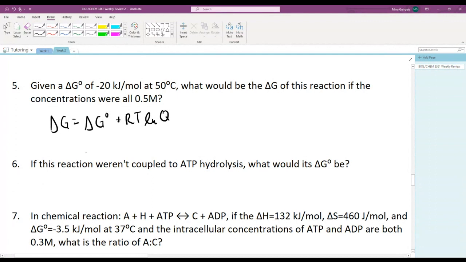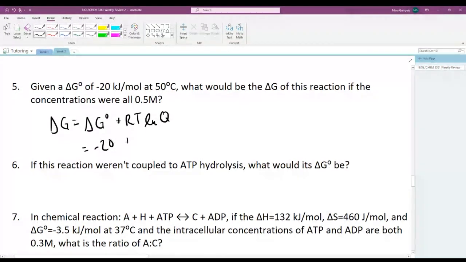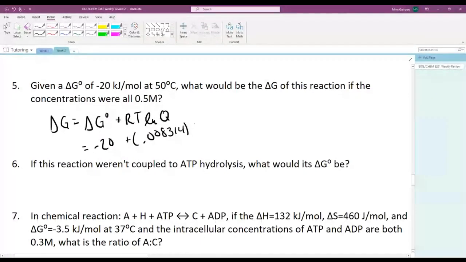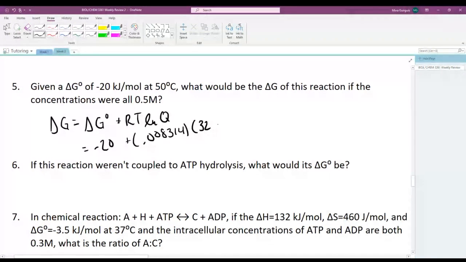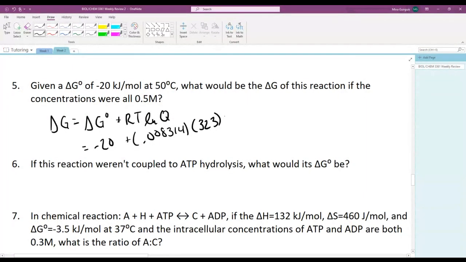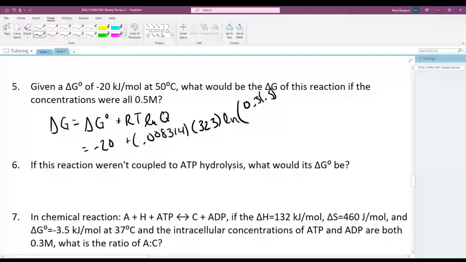So we know that this is going to be negative 20 plus 0.008314 times 50 plus 273, which is 323, because we need Kelvin, and then natural log of, well, hold on, this is going to be 0.5 times 0.5 over 0.5 times 0.5, right?